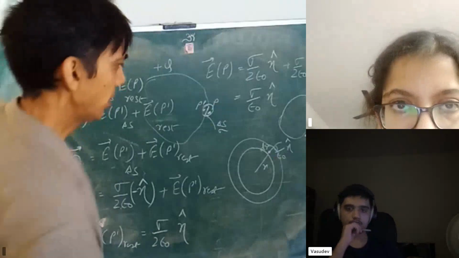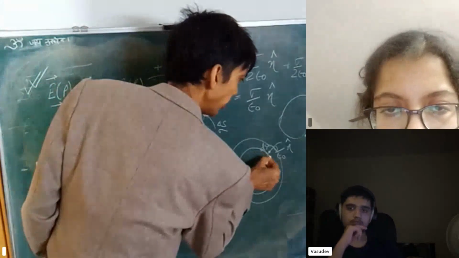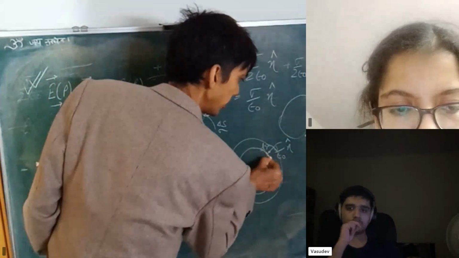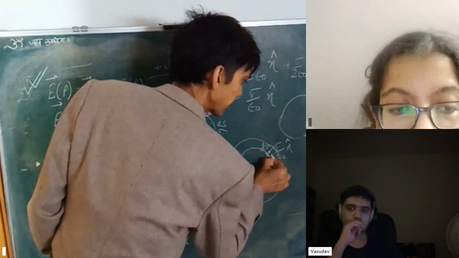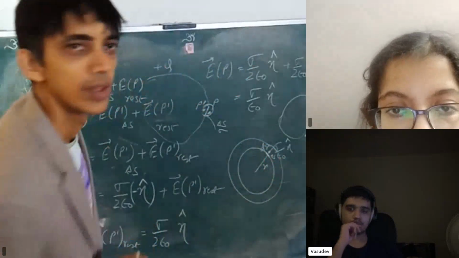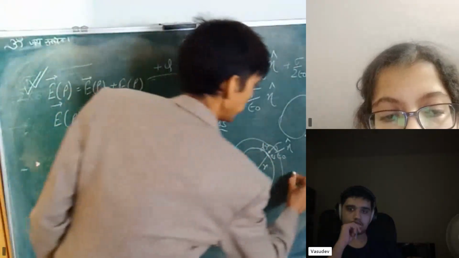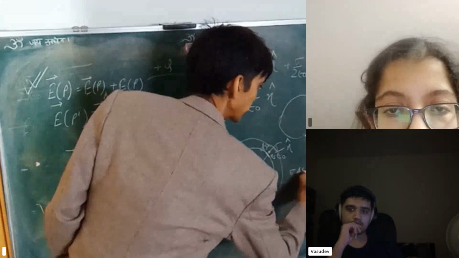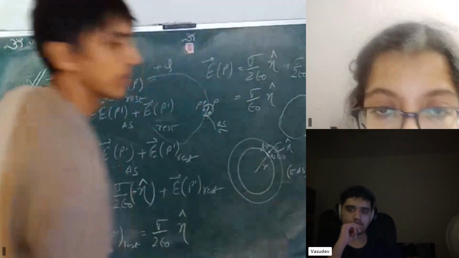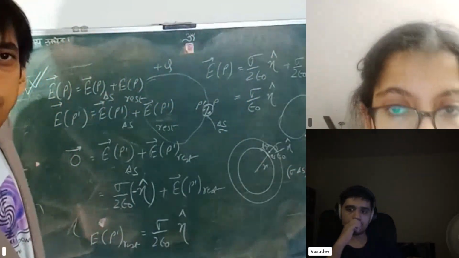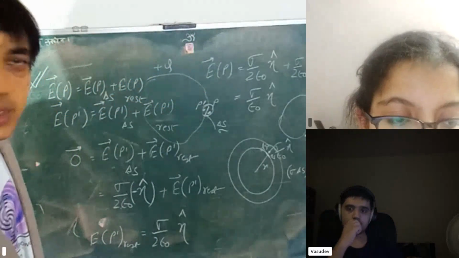We took a very small area, delta S. What was the charge on this area? Sigma into delta S. What was the force on this charge?